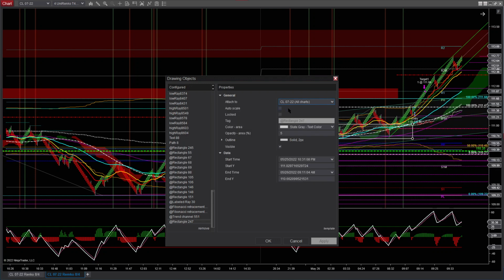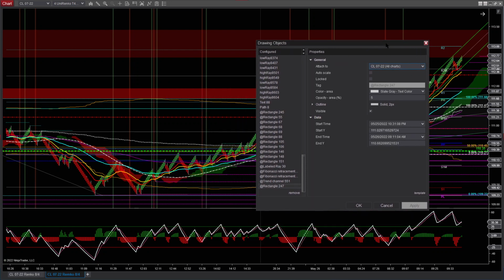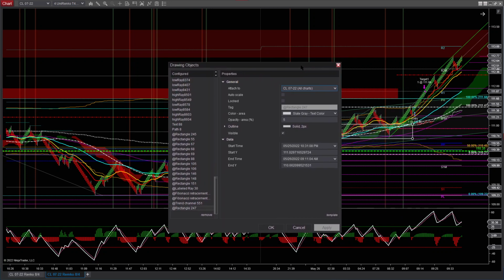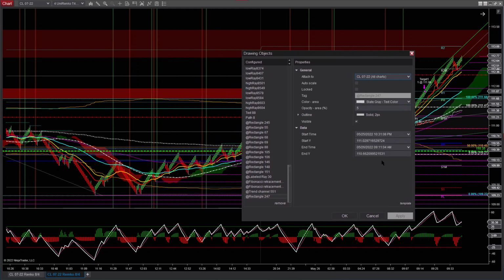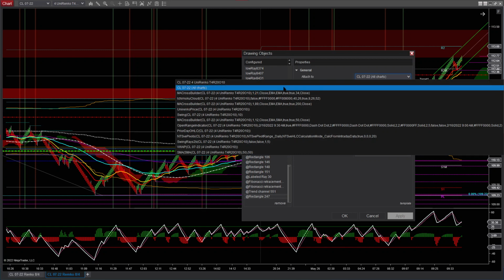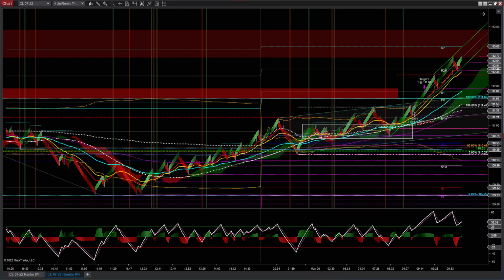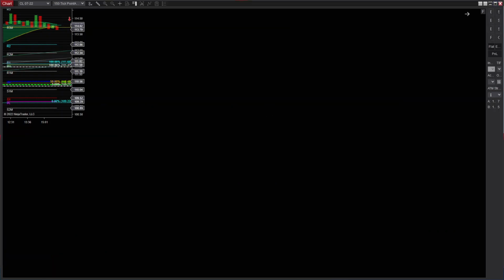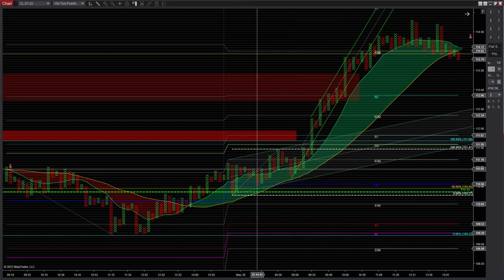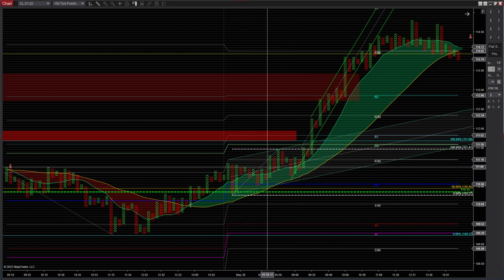And that is another way for you to transfer a drawing into a different chart. So I'm gonna put it that way here, and then I'm gonna put it just in this one here, and when I apply it, you will see that in my point and figure chart it is not there anymore, right?